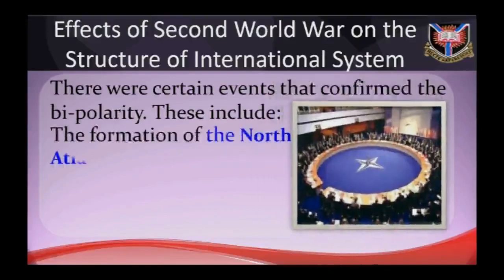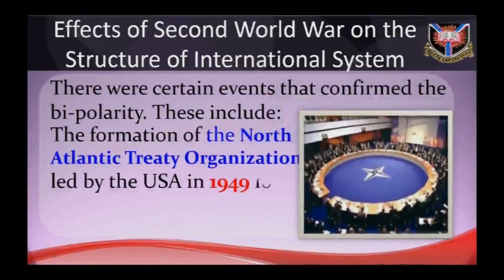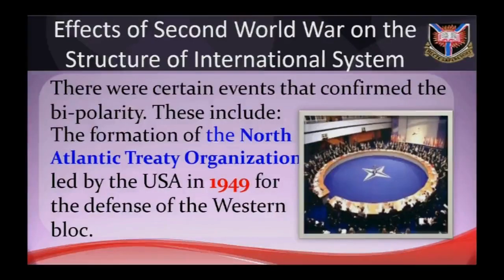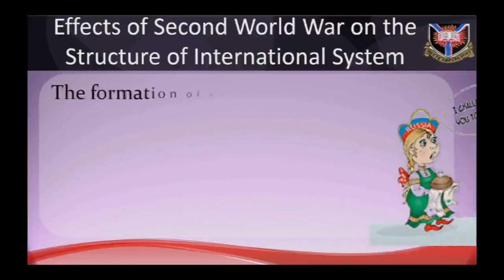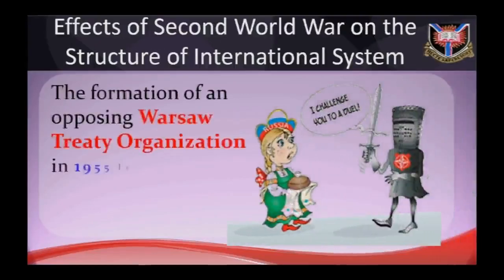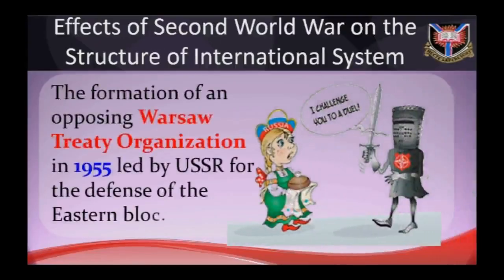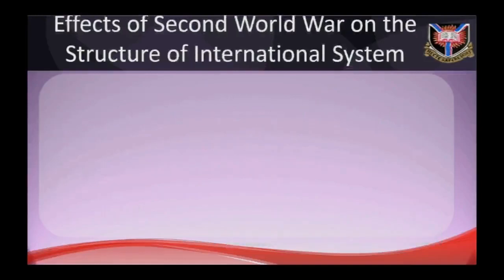These include: 1. The formation of the North Atlantic Treaty Organization, led by the USA in 1949 for the defense of the Western Bloc. 2. The formation of an opposing Warsaw Treaty Organization in 1955, led by the USSR for the defense of the Eastern Bloc. 3.